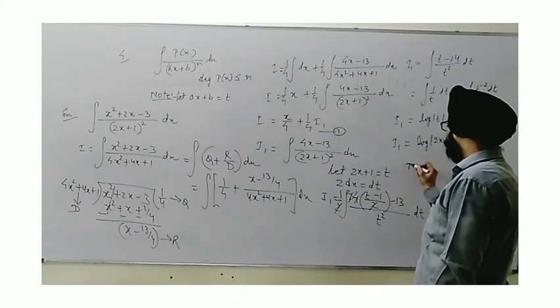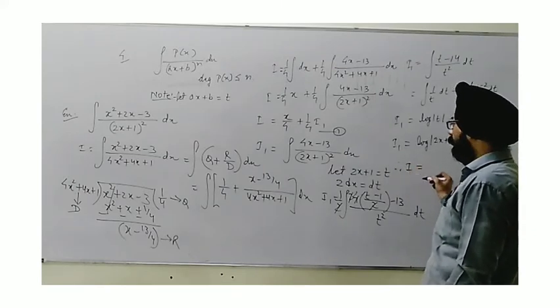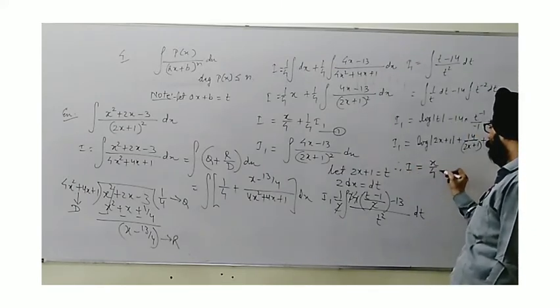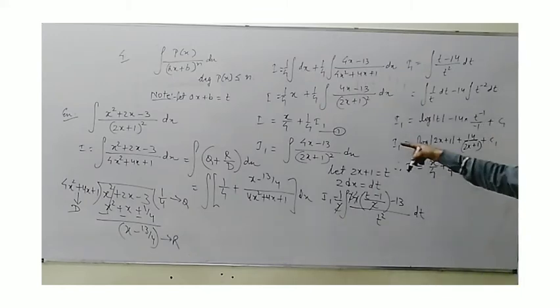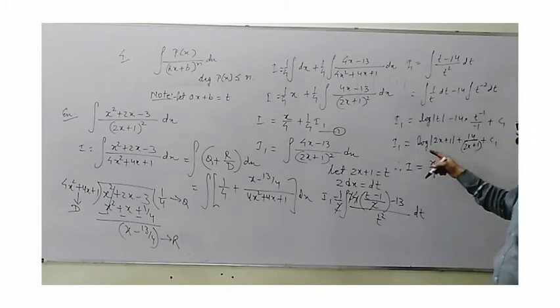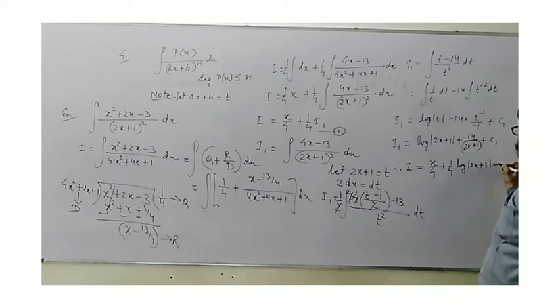Therefore I is equal to x upon 4 plus 1 upon 4, now 1 upon 4 as a multiplication of I1, so each term will be multiplied by the same. We get log of mod 2x plus 1 plus 1 upon 4 into 14 upon (2x plus 1) plus c1 upon 4.